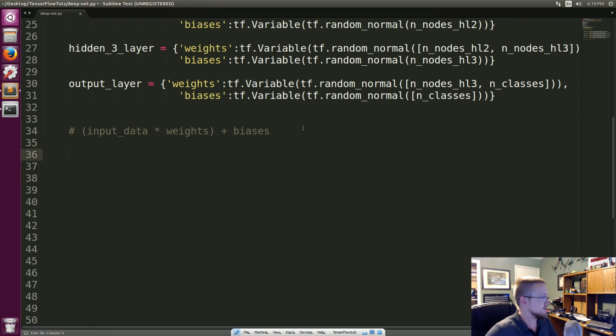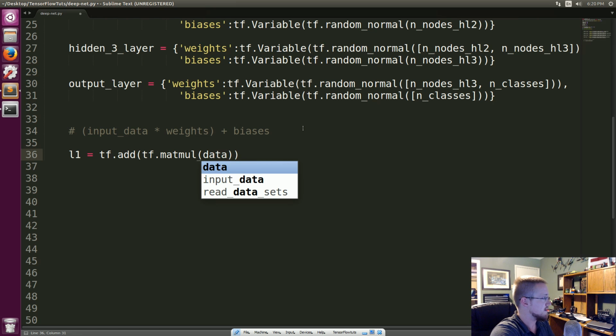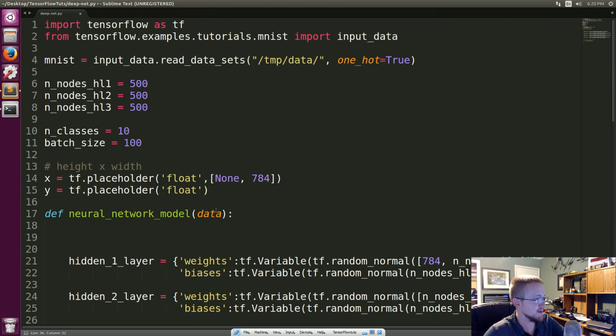Okay, so to start, let's say layer 1 is equal to tf.add, and then tf.matmul for matrix multiplication. And we're going to multiply what in layer 1? Well, the input data, right? So data, and remember, data is coming from this variable here.